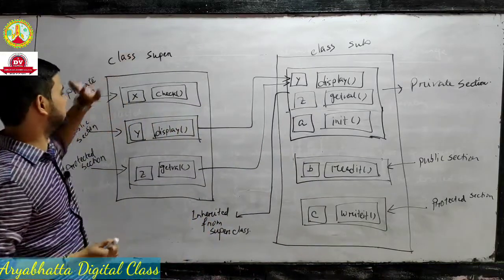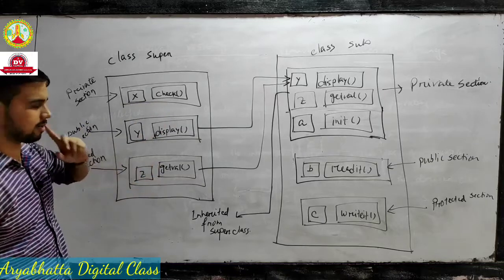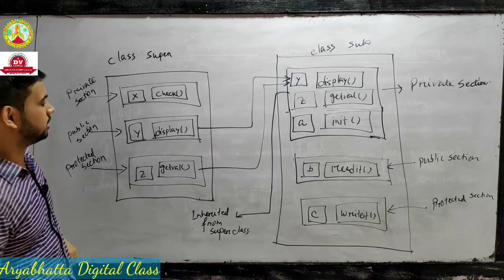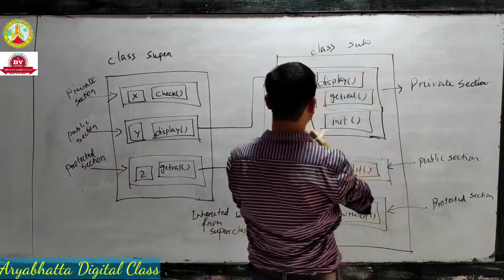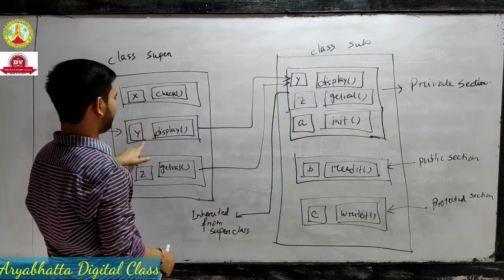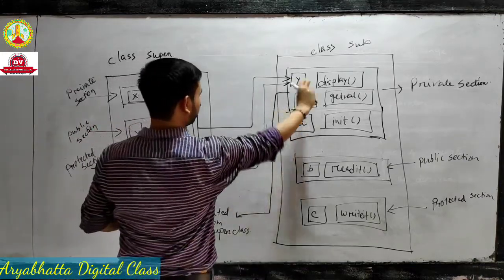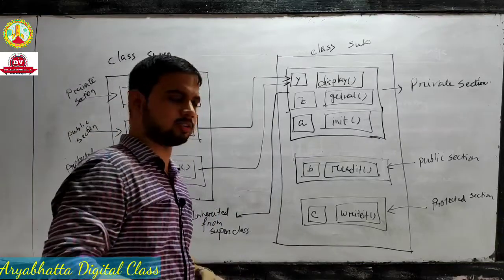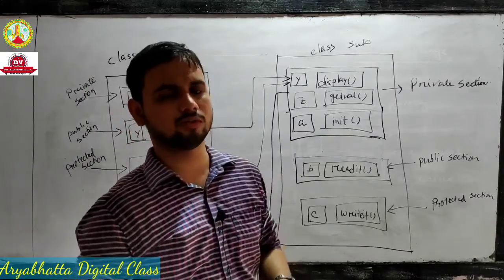You see, this is the base class with data member X and member function Y, and display Z data member function. This will be under private, public and protected. In the derived class, these three members will be under the private section. Y and Z both are going to the private section. I already told you the public inheritable member and protected inheritable member of the derived class will also be private.